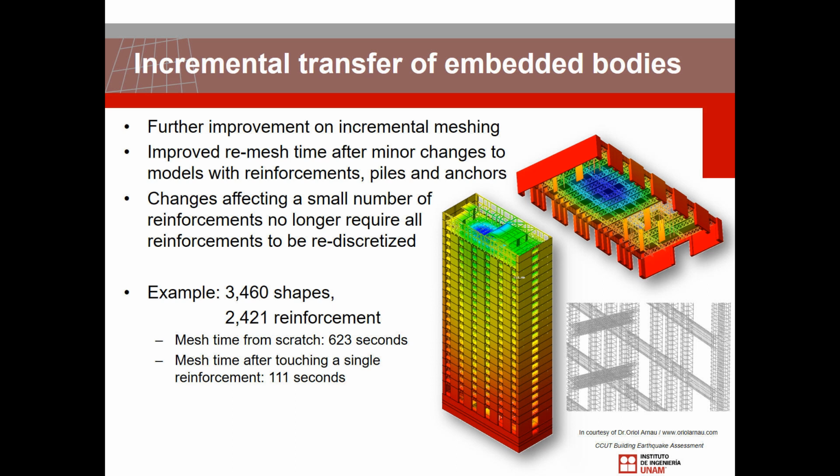We extended the incremental meshing, and now it also considers the reinforcement and pile. So if you want to remesh the model, now it doesn't go for remeshing the whole embedded pile or embedded reinforcement or grid. It only goes for the certain localized and affected area. As an example, in this complex structure, we have about 3,400 shapes, of which more than 2,400 are reinforcement.